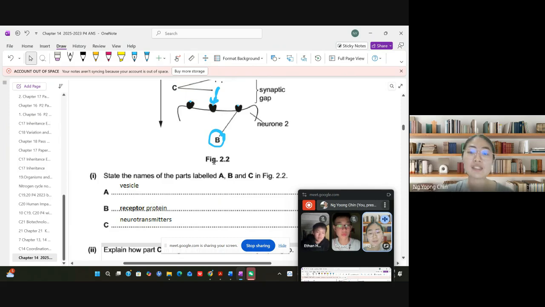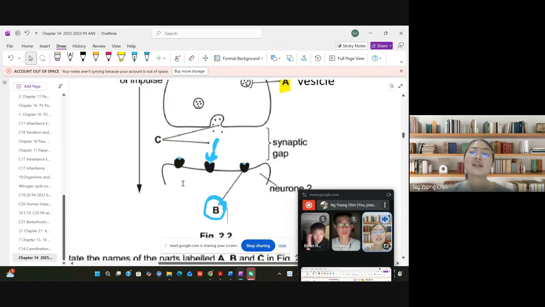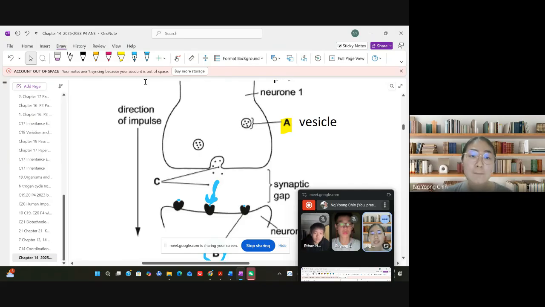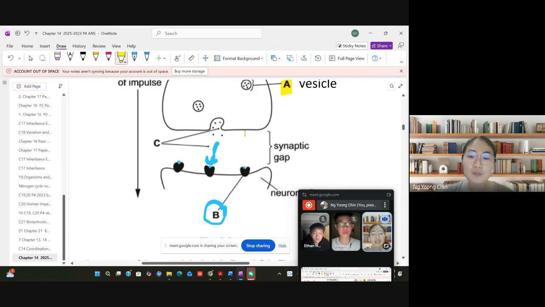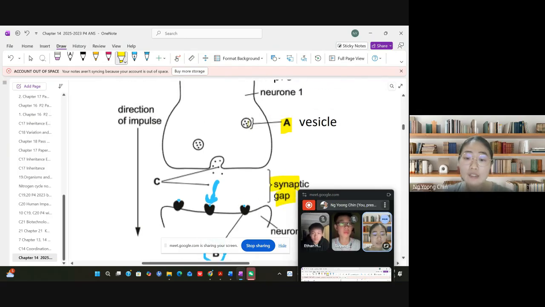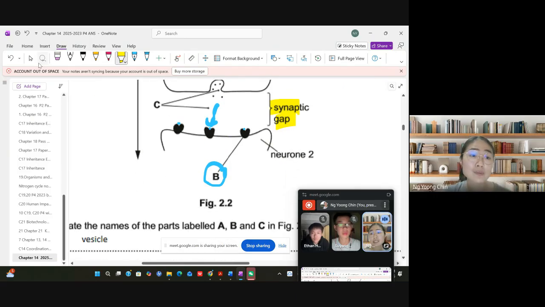Another thing I want to ask you: when the neurotransmitter goes through this gap, from the presynaptic neuron until it gets to the receptor proteins on the postsynaptic neuron, here is the postsynaptic neuron. Tell me what is the method they are using.